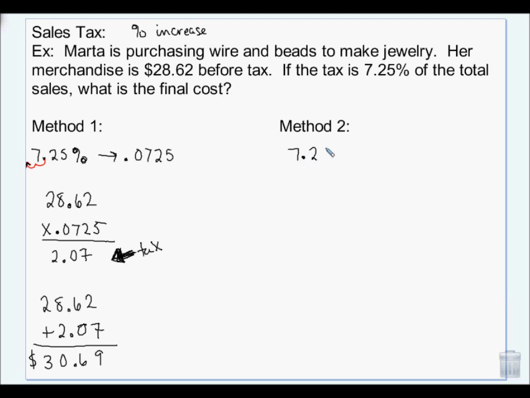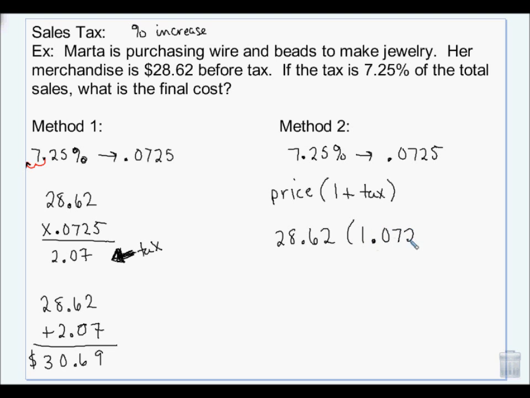Now method 2, you would do the same thing. You would take that 7.25% and turn it to a decimal. But instead of these two parts, I take the price and multiply it by 1 plus the tax. So I've got 28.62 times 1.0725. You'll always put a 1 in front of your decimal tax.